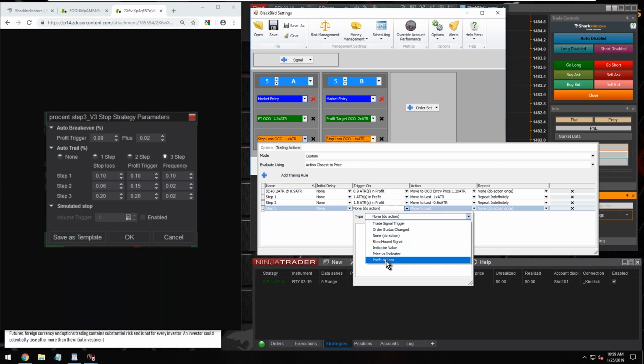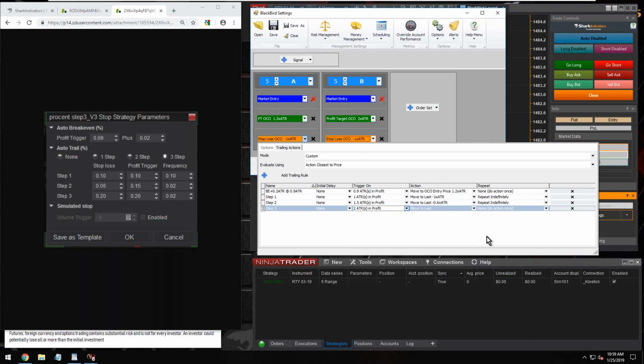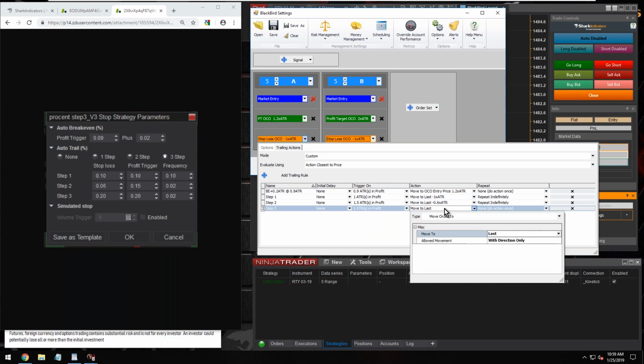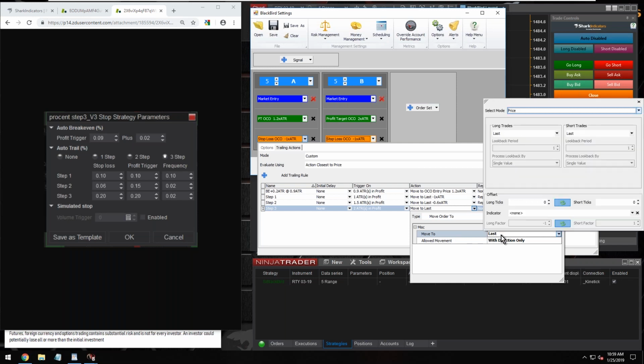Again, we'll pick profit or loss. This time, our profit trigger is going to be 2 ATRs. There we go. Great. And our stop loss offset is going to be 2 ATRs.